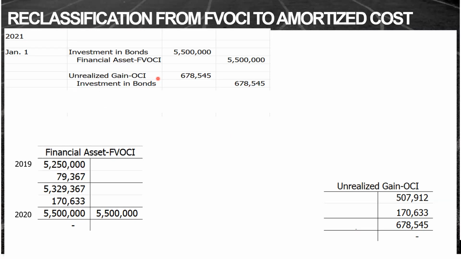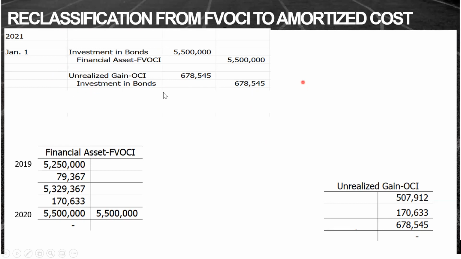So that's why here, to close your unrealized gain OCI, you are debiting unrealized gain OCI by 678,545 and we credit investment in bonds at 678,545.